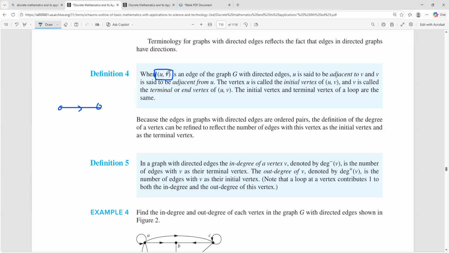So this coordinate UV means that U is adjacent to V and V is adjacent from U. This basically means I can go from U to V. There's a directed edge from U pointing towards V. Okay, U is called the initial vertex, V is called the terminal vertex.